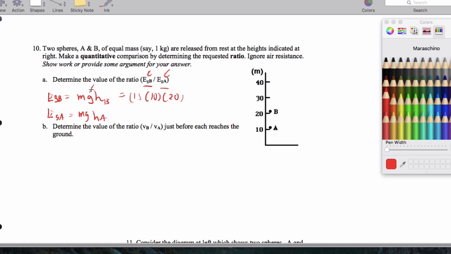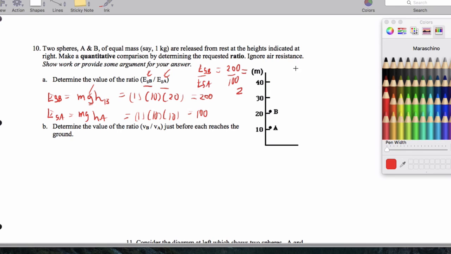By the way, G is 10, so I expect you to instantly see that you put 10 in for G. We've gone over that a lot in this class. And this is 200. And then MGH at A is 1 times 10 times 10, and that's 100. So the ratio, EGB divided by EGA, is going to be 200 over 100, which is 2.